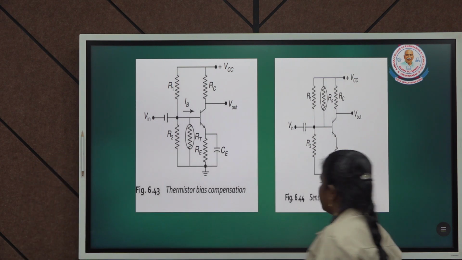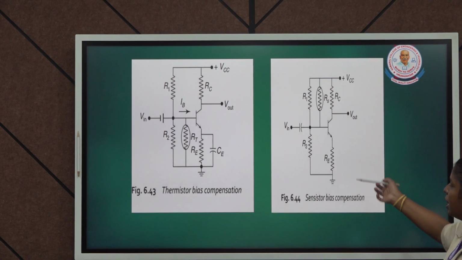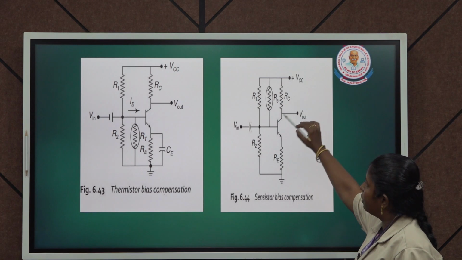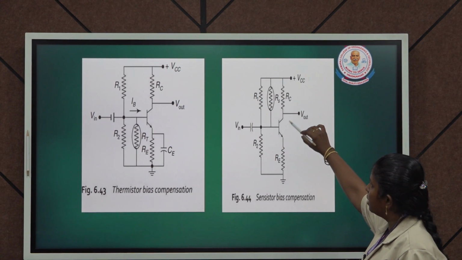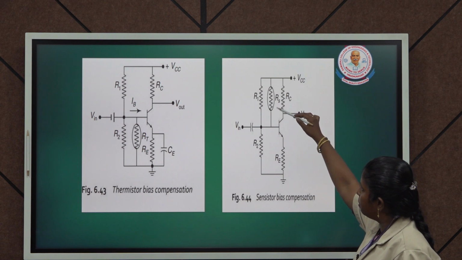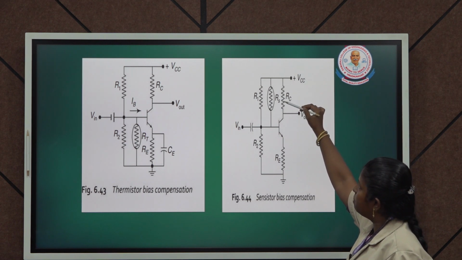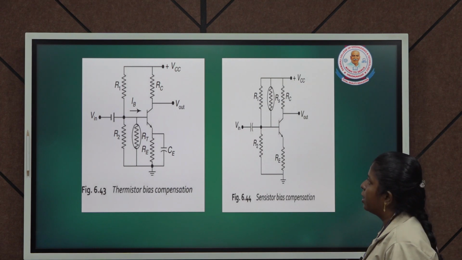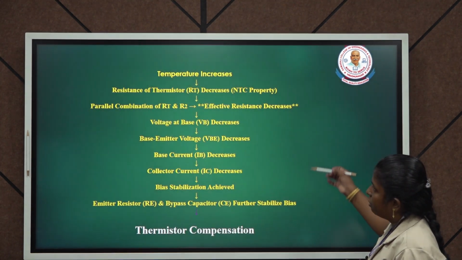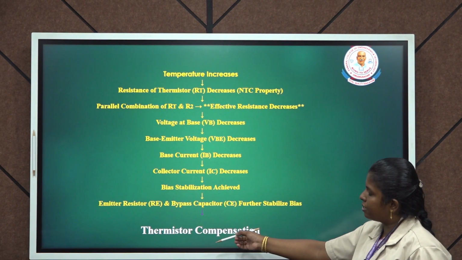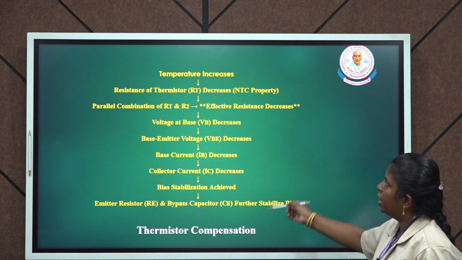Coming to the sensistor bias compensation, RS is inserted between R1 and RC. When the input current flows, the temperature variations across R1 and RC will be stabilized by using RS, which is the sensistor bias compensation.